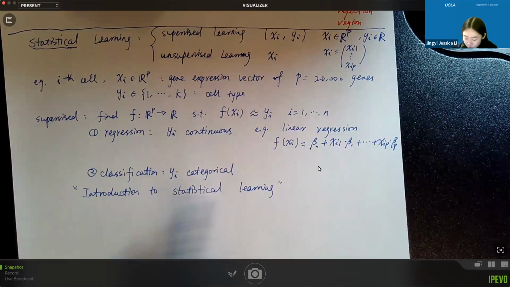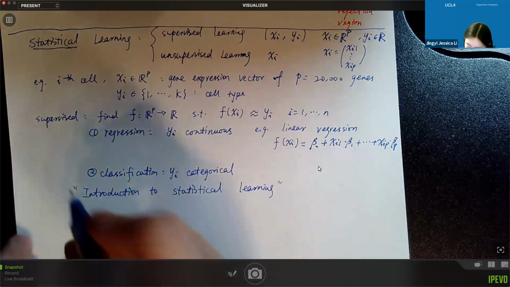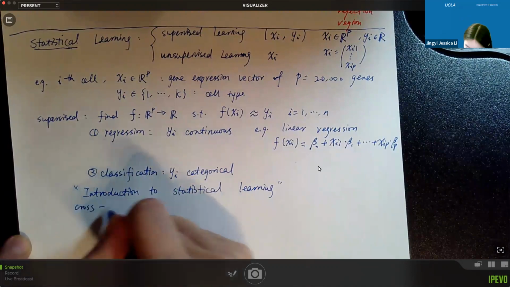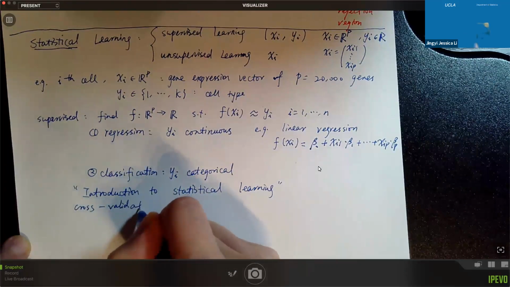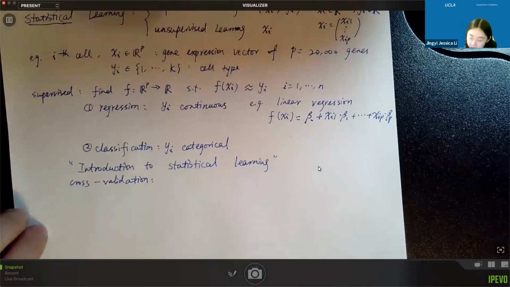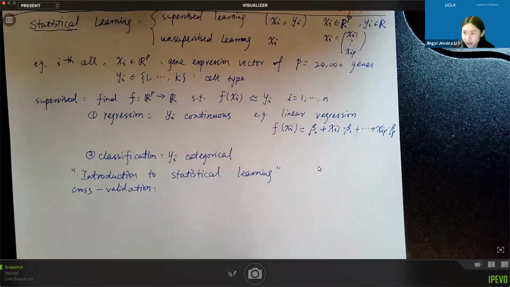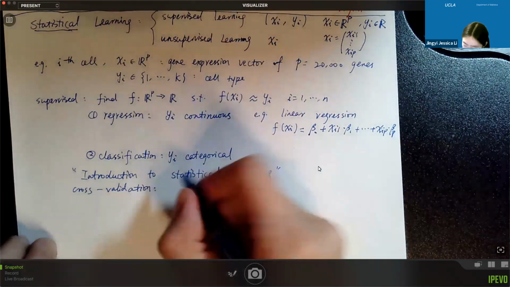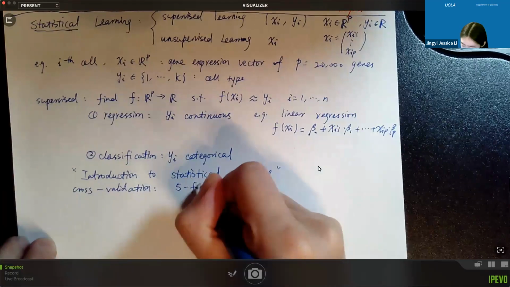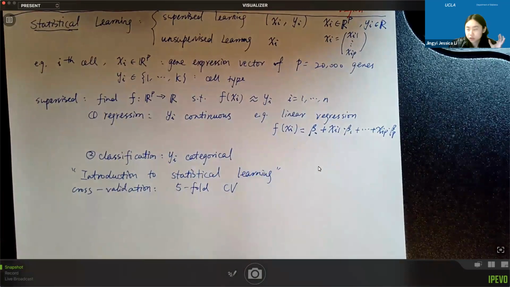Okay, so that's supervised learning. The reason I do not talk so much about it is because it's ultimately a prediction problem, right? And it's very easy to assess how well the prediction is, based on cross-validation. So cross-validation, let me briefly introduce it. It's a commonly used technique for assessing a model. That means you divide your data into, say, let me just introduce the 5-fold cross-validation, which is commonly used, which means that you divide your data into 5 equal sizes.